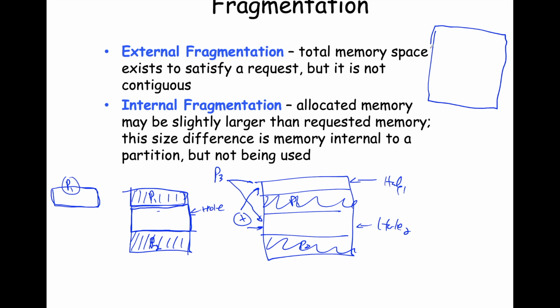So that's external fragmentation. Now, internal fragmentation represents that extra part of the hole once it's assigned to the process. Let's say we have 3 holes available, and process P1 comes along and is allocated to this hole. And let's say that P1 only occupies that portion of the hole. Now, that remaining part is unallocated. No one can use it because that entire segment was allocated to process P1.